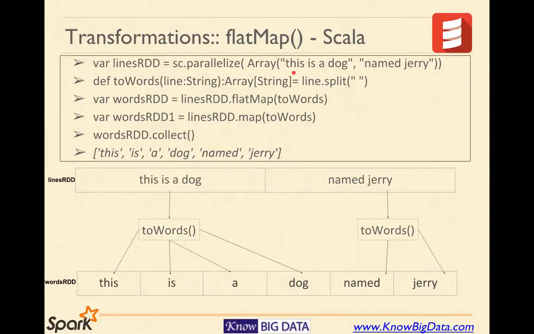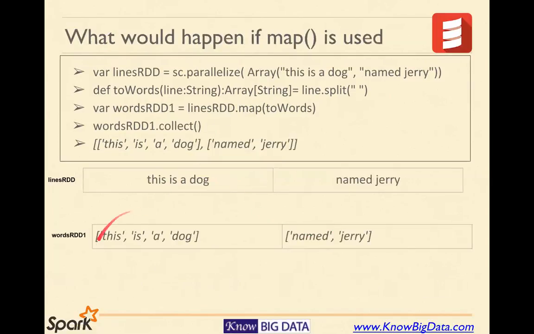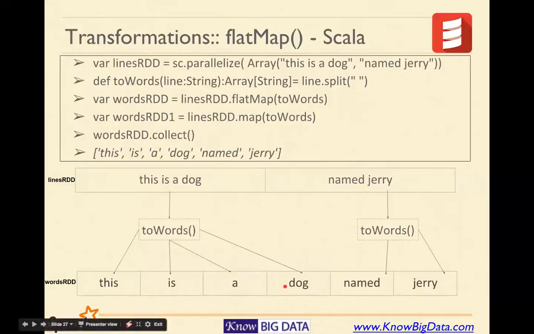In this case, we have two records in the input. We created lines.rdd, and then on lines.rdd we say map instead of flat map. What will be the count of word.rdd? Yes, it'll be only two. There will be two records, and each record would be an object which is an array, as opposed to this.